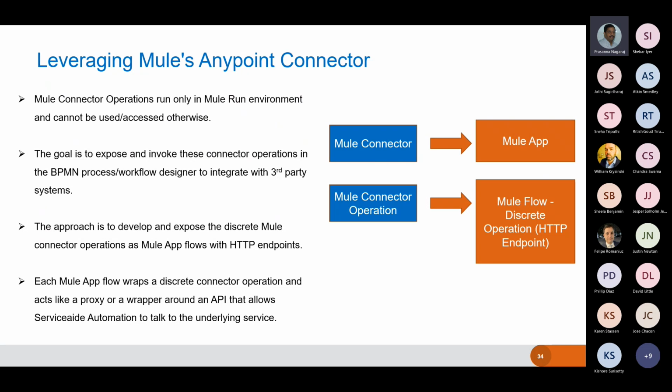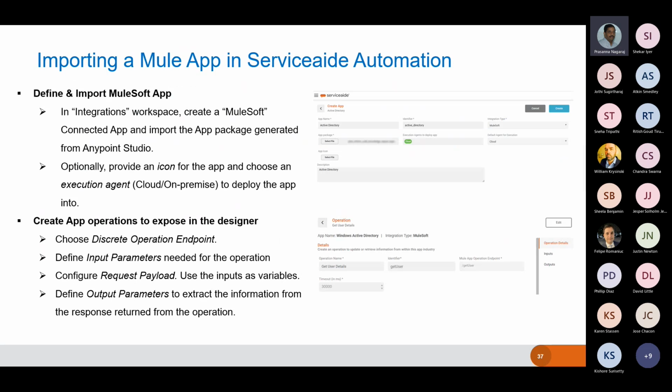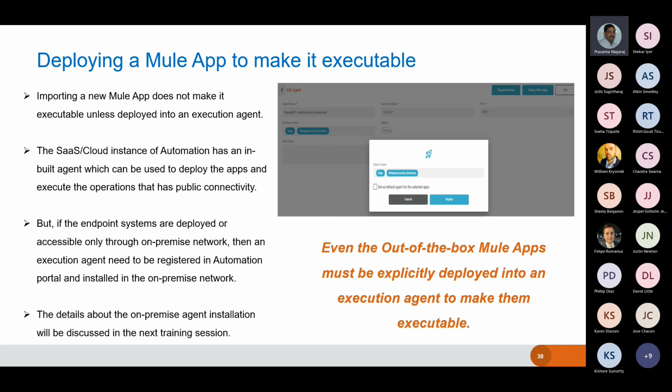Then after you create the app, you publish or export that app, and then you import it. The rest of the options are similar to how you create the operations in the same way: create app operations and then expose them in the designer. So this is the overall what we saw in the creation.